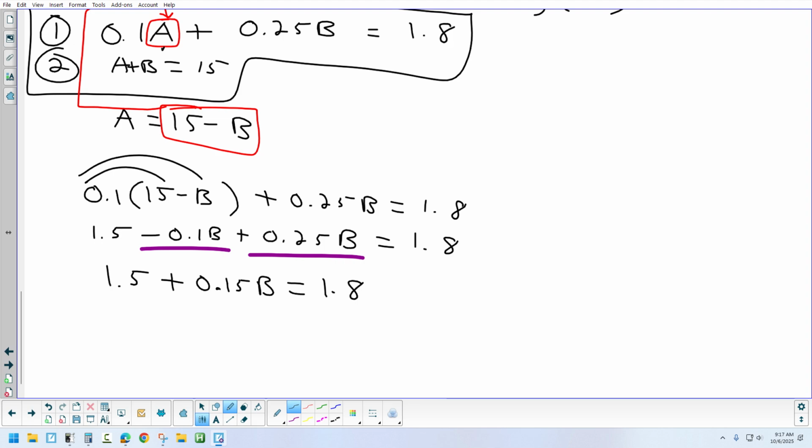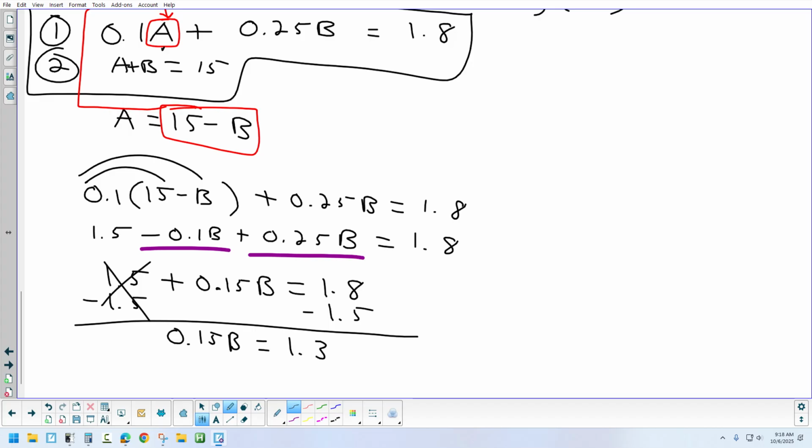Okay, two steps left to get B by itself. What would be my second to last step? Subtract 1.5. Okay, so we're going to minus 1.5, good. That's gone. 1.8 minus 1.5 gives you 0.3.